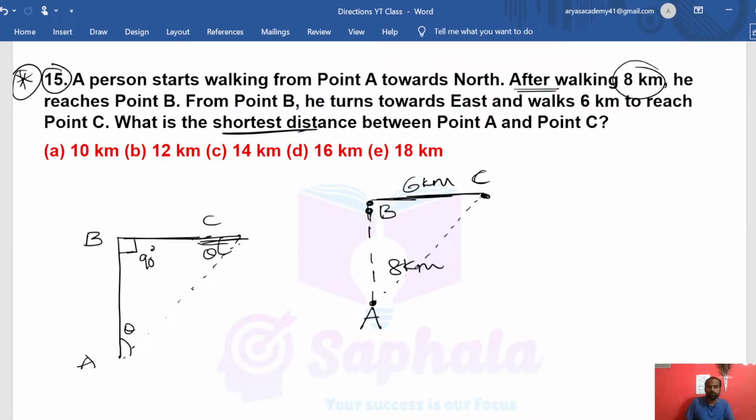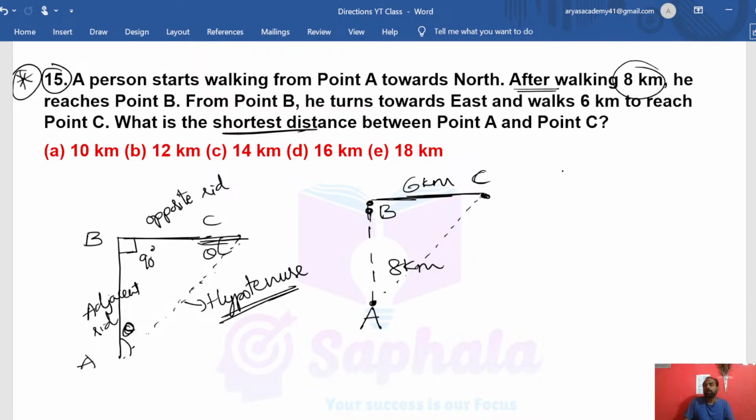Here comes theta. This is called the opposite side, opposite to this angle. This one beside it we call the adjacent side. And this is the longest side of a right angle triangle, which is called the hypotenuse.